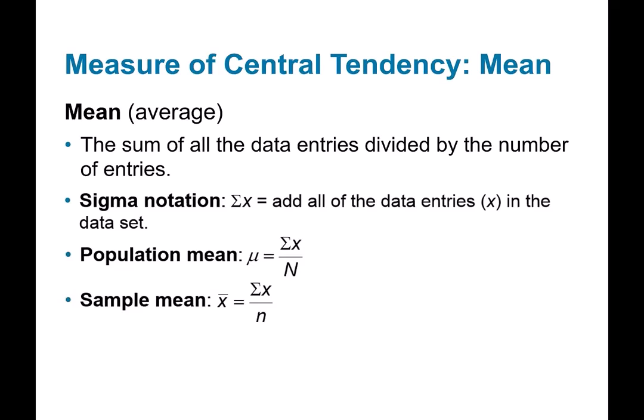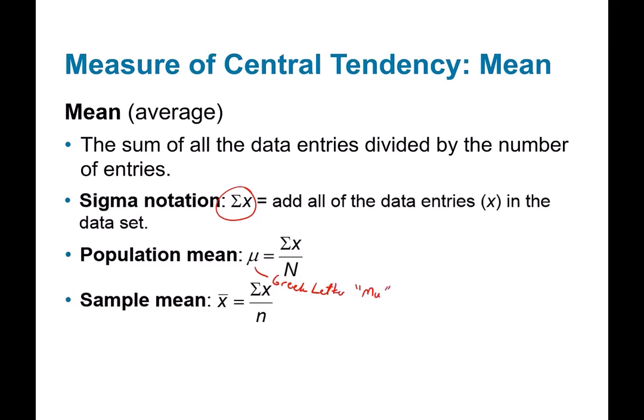A lot of times you're going to see me use this sigma notation with the Greek capital letter sigma. So when I write sigma x, I'm saying add up all of the data entries, all of our x's. So to calculate our mean, if it's the population mean mu, notice I'm using the Greek letter mu to represent the parameter.